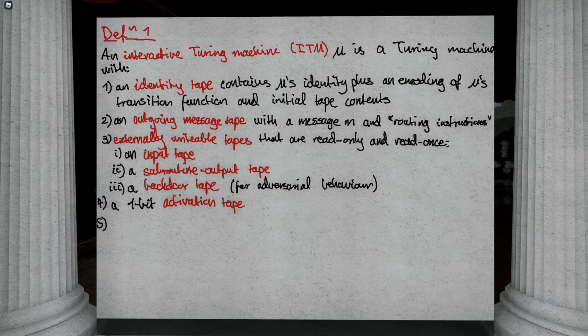We have another read-only tape that is a randomness tape. If you read the paper that I'm sourcing this from, it doesn't actually include a randomness tape explicitly, but I feel that we probably should because we're going to need it later. So it's a read-only and read-once randomness tape. You can think of it as a stream of bits that are drawn from some distribution.